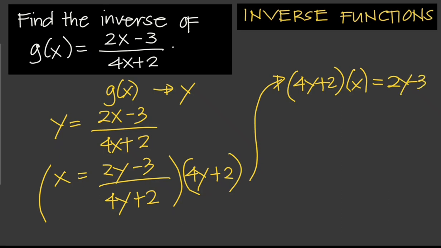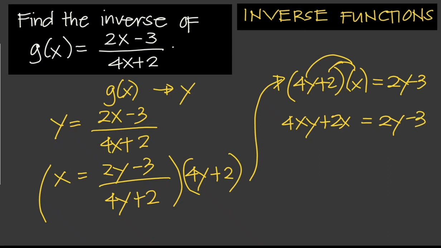And then, okay, we move y's to one side and the rest to the other side by combining like terms. We distribute this first. So there would be 4x times 4y is 4xy plus 2x equals 2y minus 3.